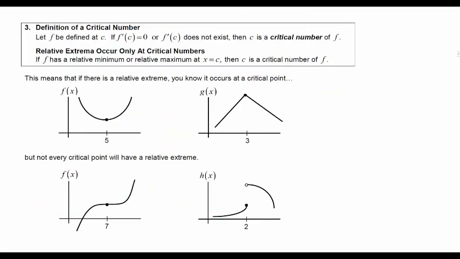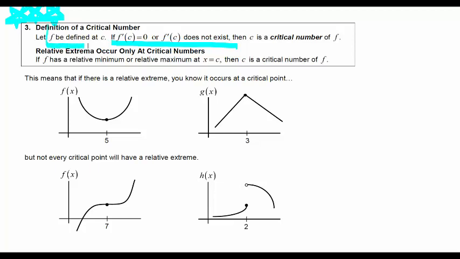So here it gives you the definition of a critical number. This is extremely important, so you guys must remember this. We're going to use this a lot after this section. Let f be defined at c. If f prime of c equals 0 or f prime of c does not exist, then c is a critical number of f. A lot of times you guys only remember it like this, and then it gives you a problem.